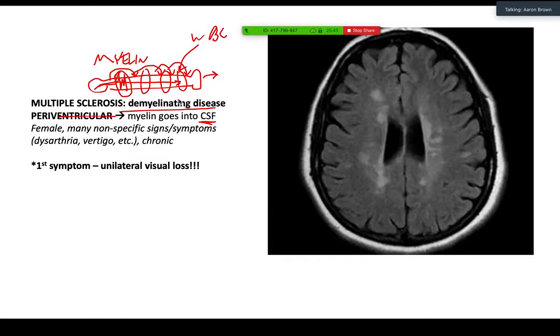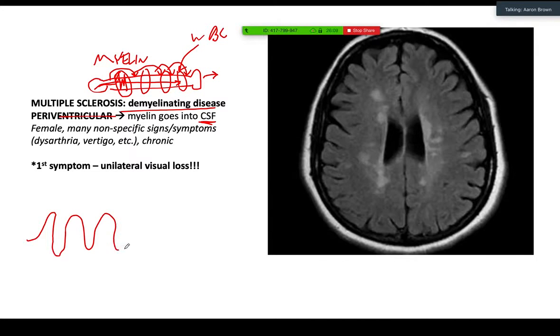So, what are some of the symptoms of multiple sclerosis? Okay, so the first thing that I want you to know is that it is waxing and waning. Patients with multiple sclerosis will have a lot of symptoms as the immune system flares up and starts attacking myelin, and then their symptoms will sort of go away. As the myelin recovers, the immune system goes down, and then they'll have the symptoms again, and then it'll go away.